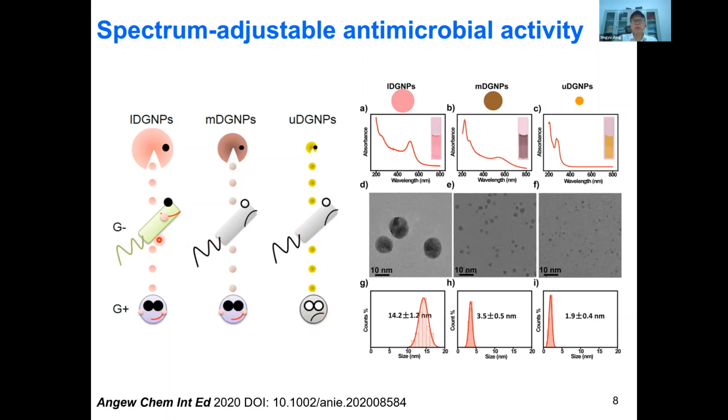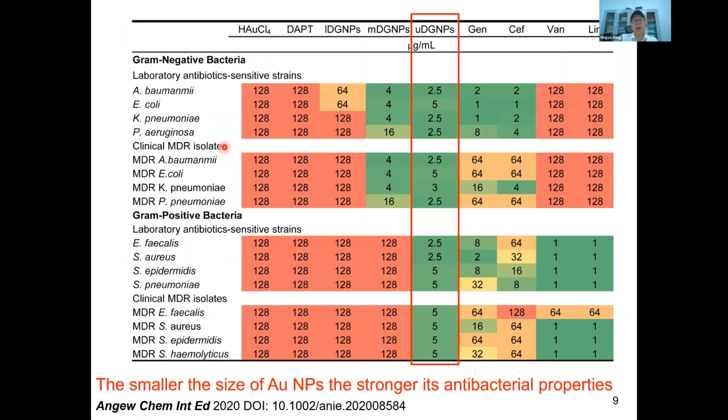But when you increase the size to about, say, 10 nanometers, you can see that the nanoparticles actually stop becoming useful as antibiotics completely. So again, here we tested against a panel of different types of bacteria. When there's a low number of MIC, we highlight it as green to indicate its effectiveness.